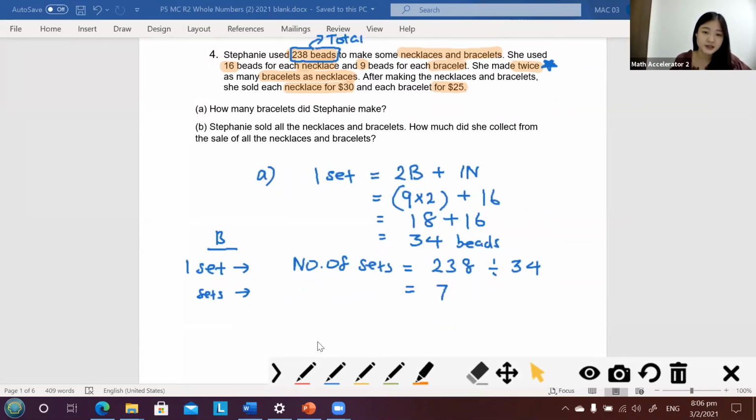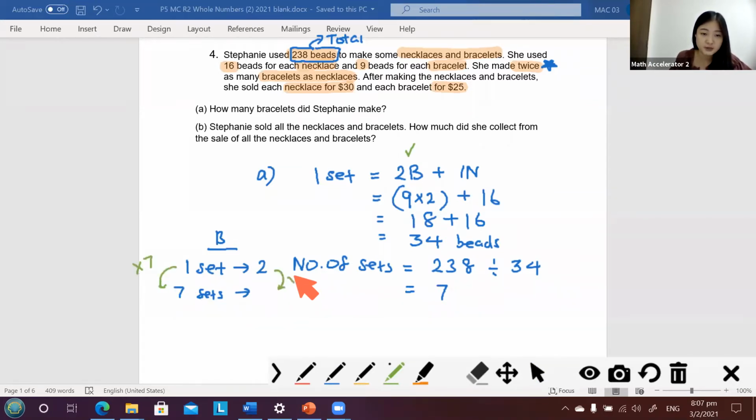It's not, right? Okay, one set. How many bracelets do you have? Go back to your working here. You have 2, right? So if you have 7 sets in total, are there 7 bracelets? Okay, no. You should multiply by 7 here.